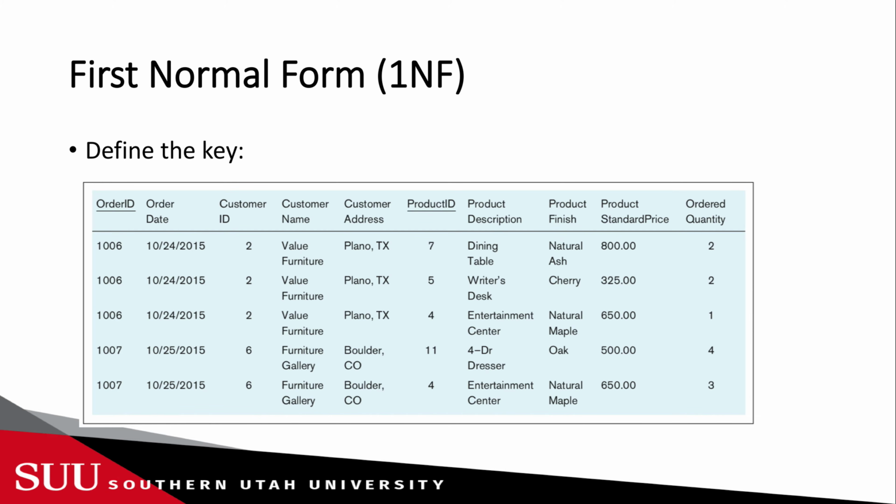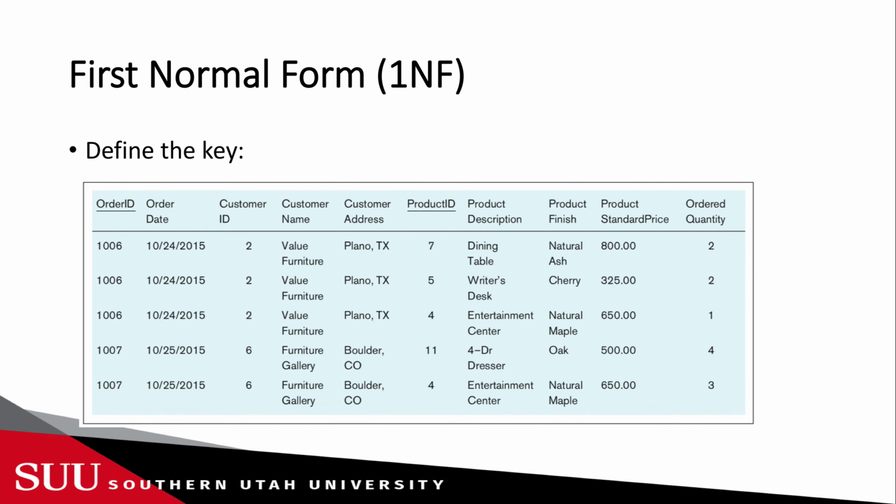Let's look at an example. Do we have any multi-valued attributes in this case? The answer is no, so there is no repeating group, no multi-valued attributes, which is again every attribute is atomic. What else do we need to do?